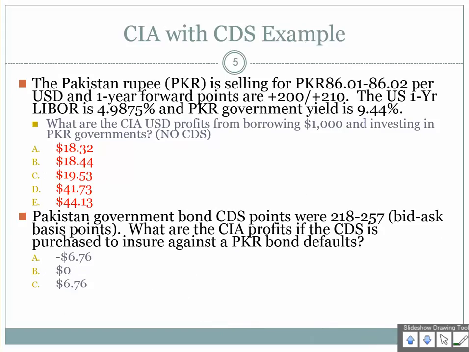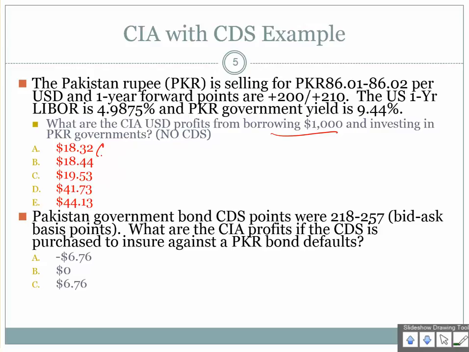So here's an example of a covered interest arbitrage with a credit default swap. The first example up here is with no credit default swap. We're going to borrow $1,000, buy rupees, and invest in a rupee bond.